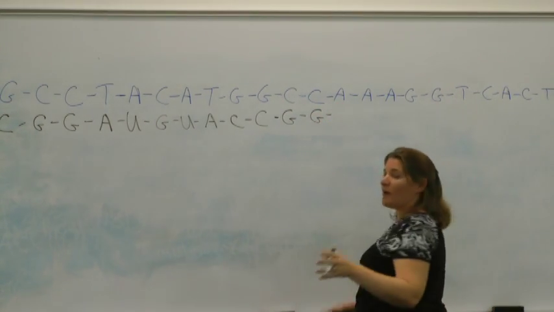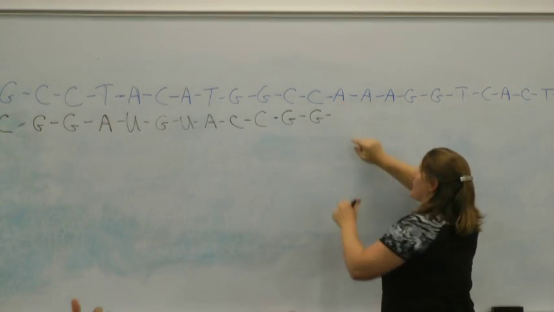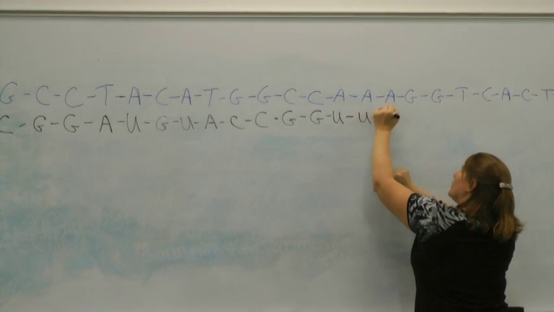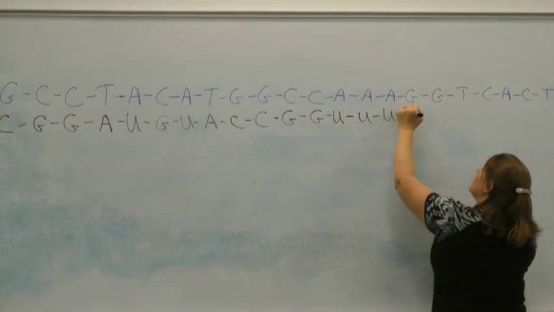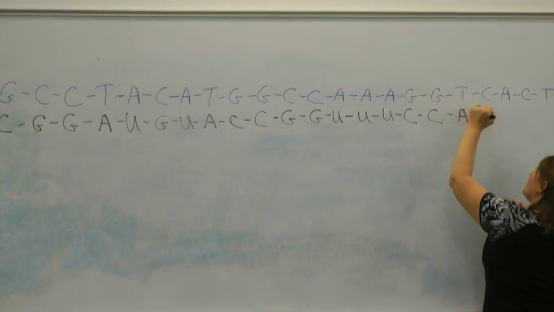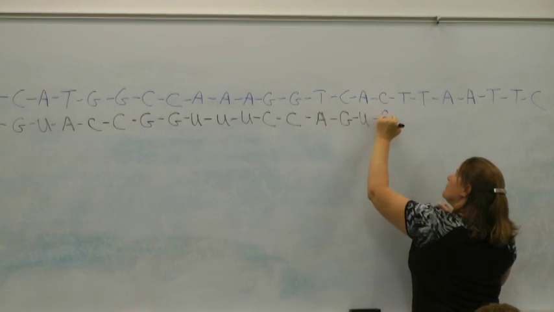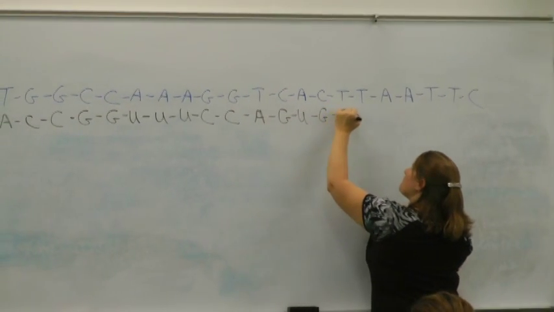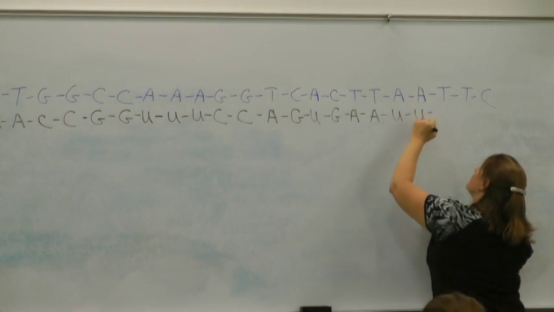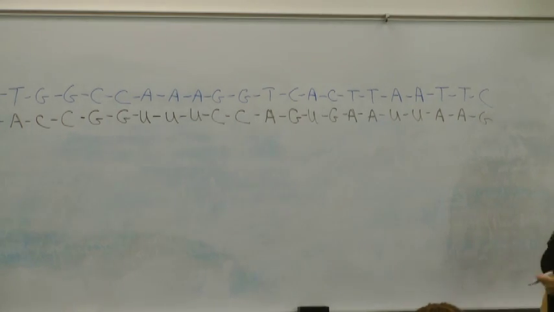All right, you guys are all out of sync. Okay, we've got A in DNA next. What are we going to put? U. Another U. C. A. G. U, G, A, U, G. Okay, good.